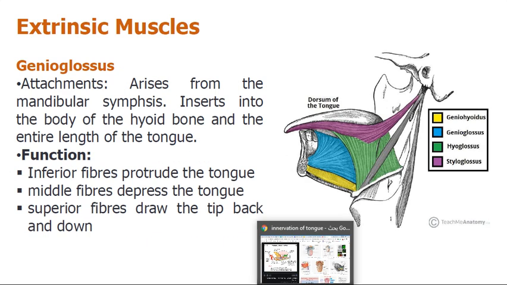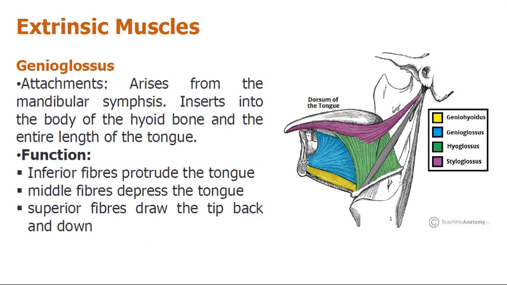extrinsic muscles include the following four muscles, starting with the genioglossus muscle, the yellow one, attached to the genial tubercle of the mandible, and then to the hyoid bone.